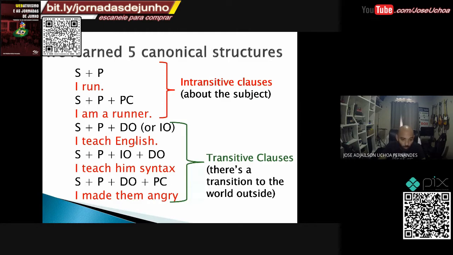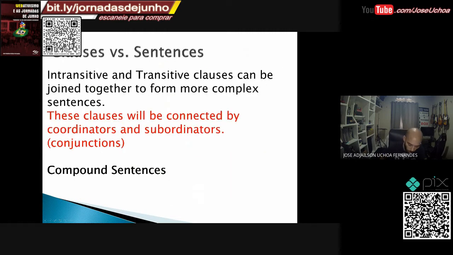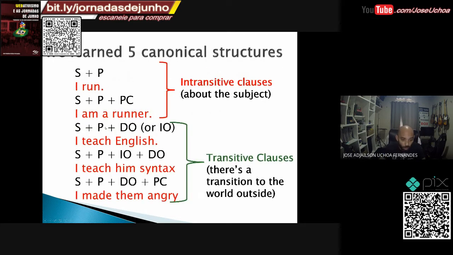Yeah, so that's it. In any case, we have the subject, predicate, and direct object or indirect object. Now I teach English can also be subject, predicate, indirect object plus direct object, like this. I teach: predicator; him: indirect object, the direction of the teaching; syntax.